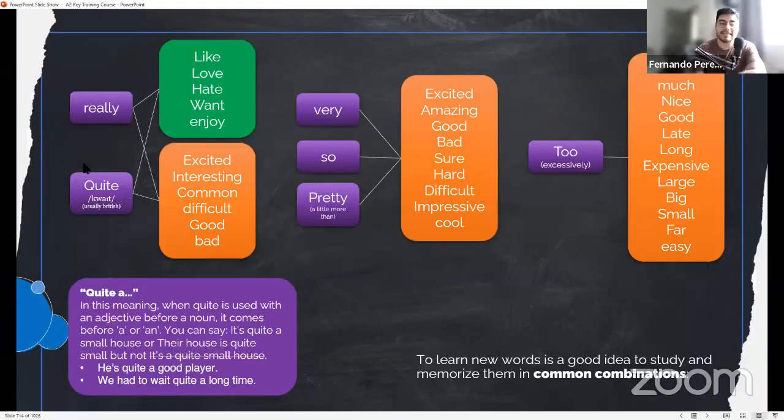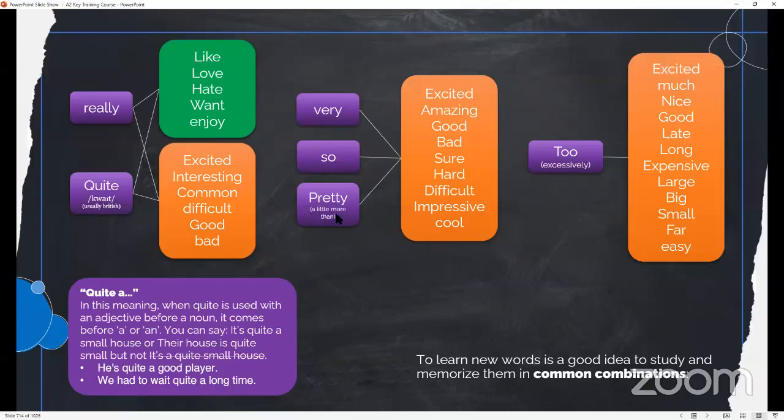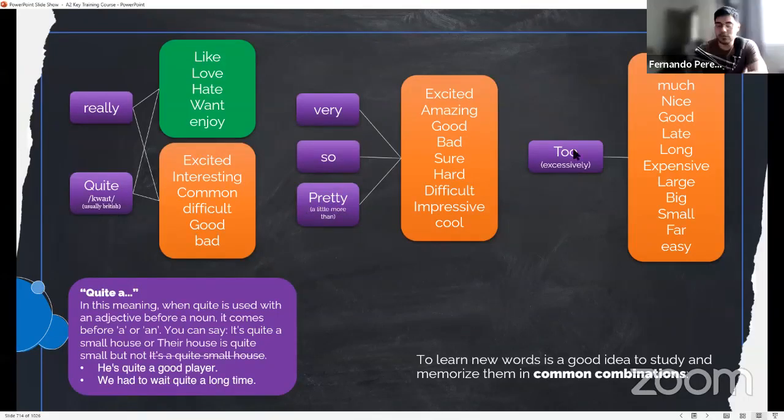We saw the word quite. Very, so or pretty. Pretty is also an emphasis word. Too, which is similar to excessive. Right? A little. A little is also a similar situation.